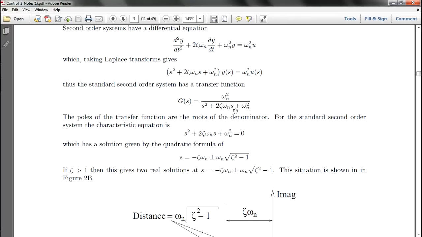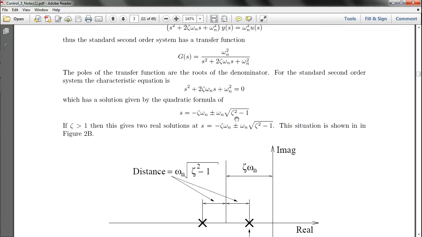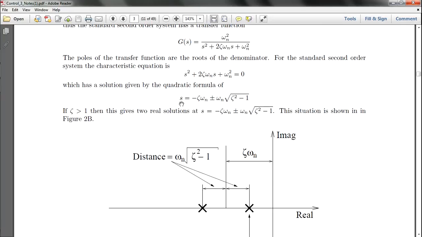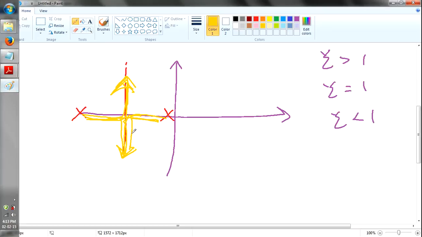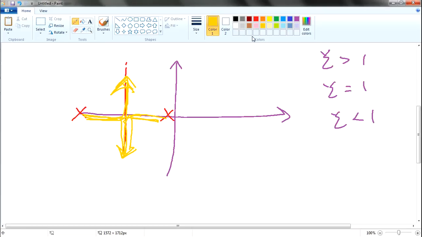In this case it's quadratic, and therefore you do a quadratic equation, you'll get this form. And for the position of the poles, the distance and stuff like that is all dependent on your damping factor. Damping factor changes, and the trend, as you can see, is going in this direction.